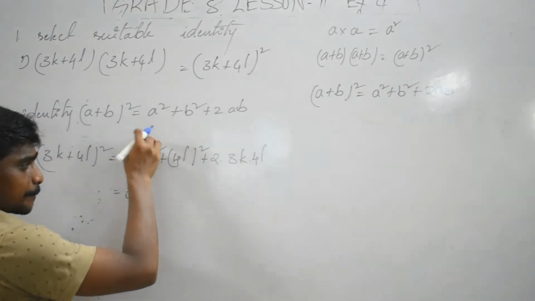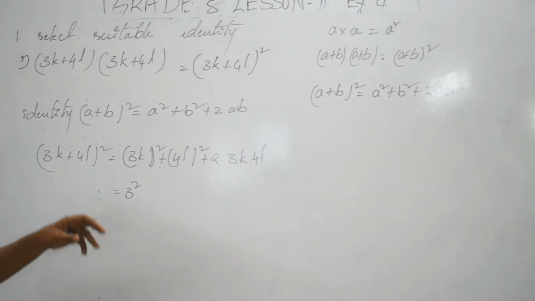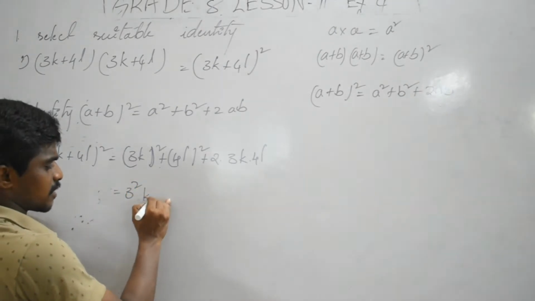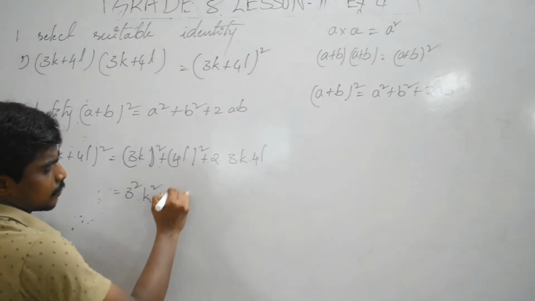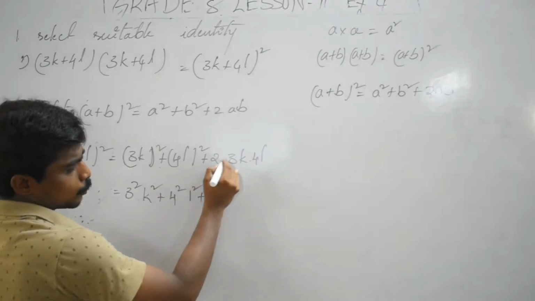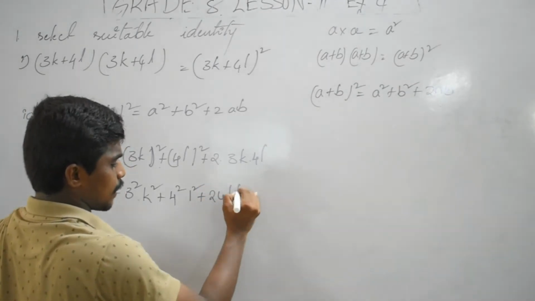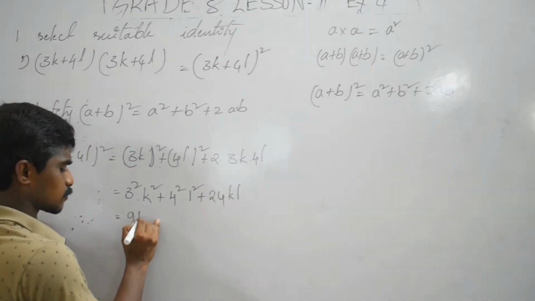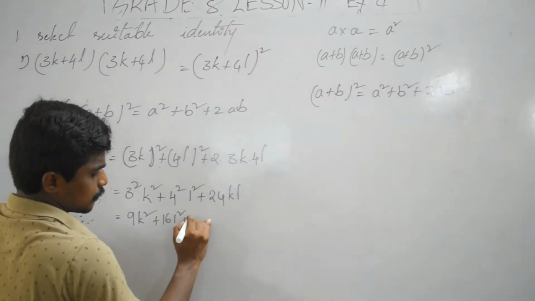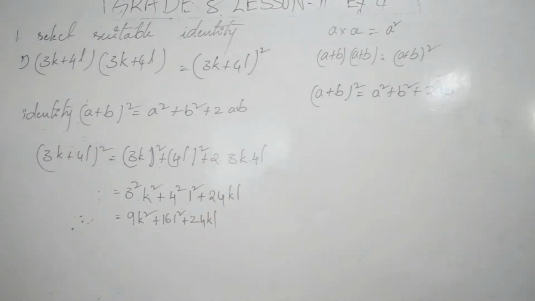This square is applied to the whole bracket: every term inside gets squared. 3 square k square plus 4 square l square plus 2 3s are 6, 6 4s are 24 kl. So 9k square plus 16 l square plus 24 kl. That is the answer.